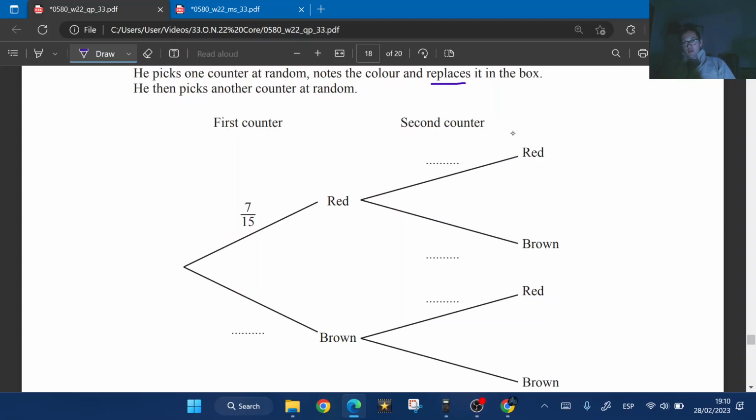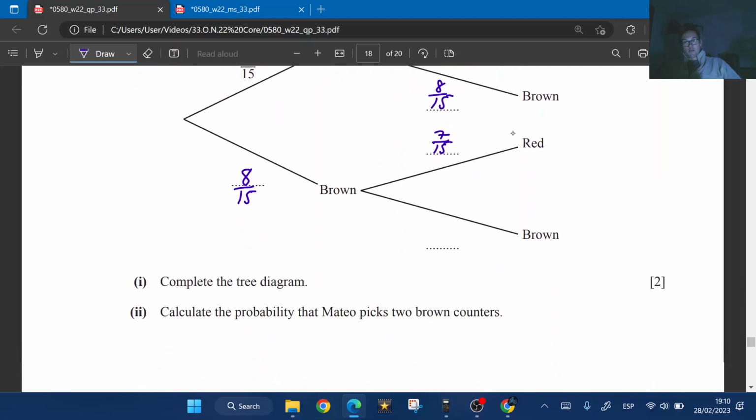Then over here, the other 8 out of 15 is brown, because together they just need to add up to 15. Because he puts it back, that never changes, because he takes one, looks at it, puts it back. So that's going to stay the same.